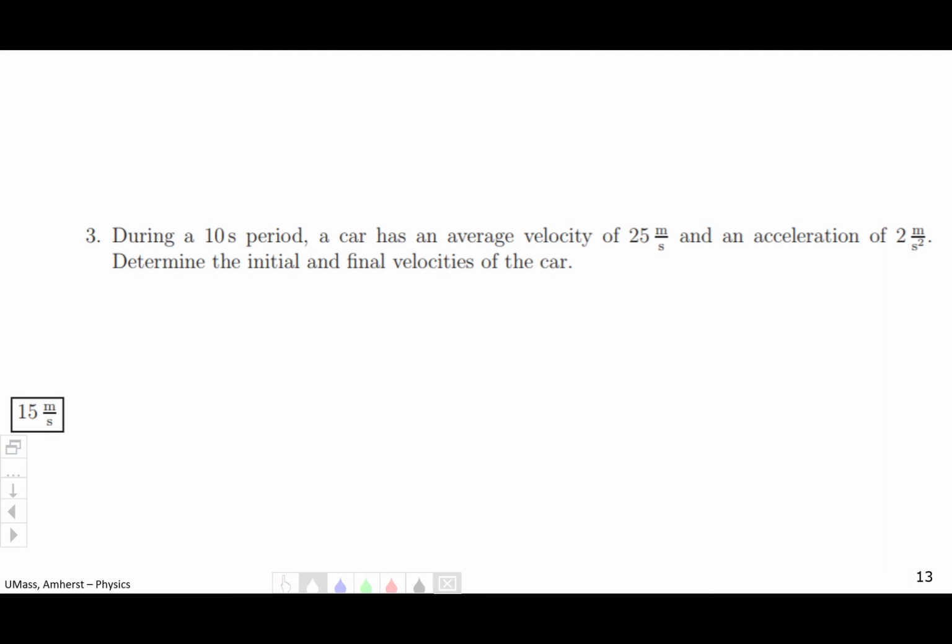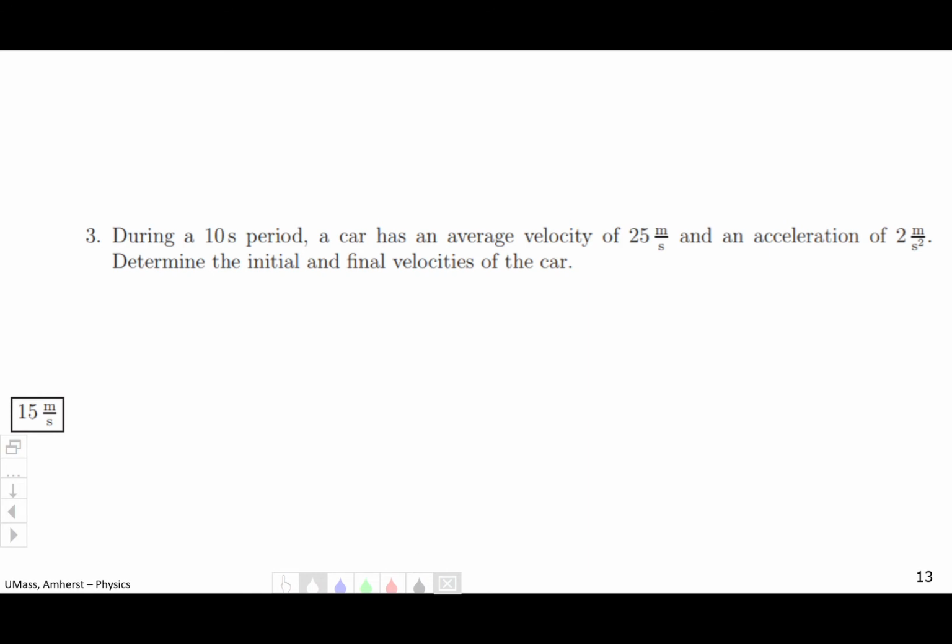During a 10-second period, a car has an average velocity of 25 meters per second and an acceleration of 2 meters per second squared. Determine the initial and final velocities of the car. This is a particularly interesting question.